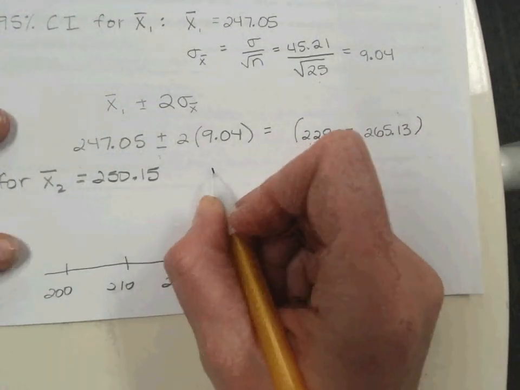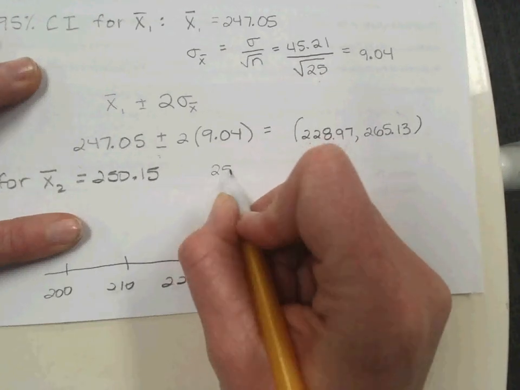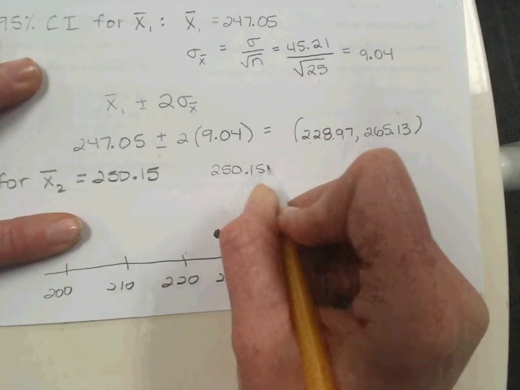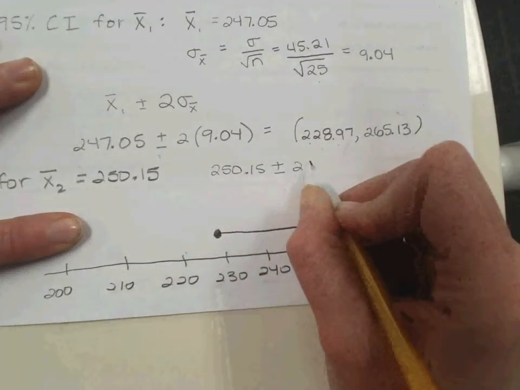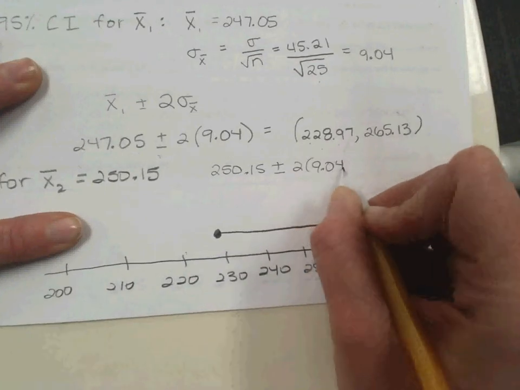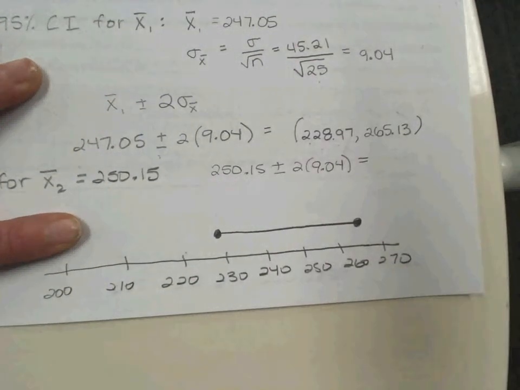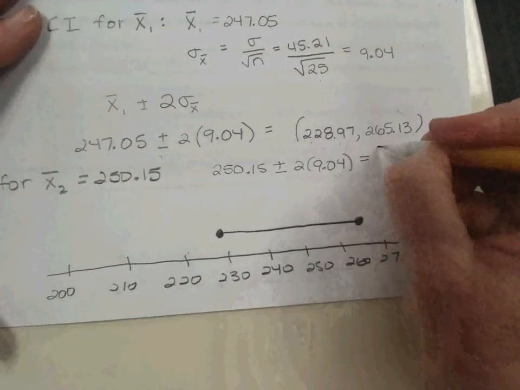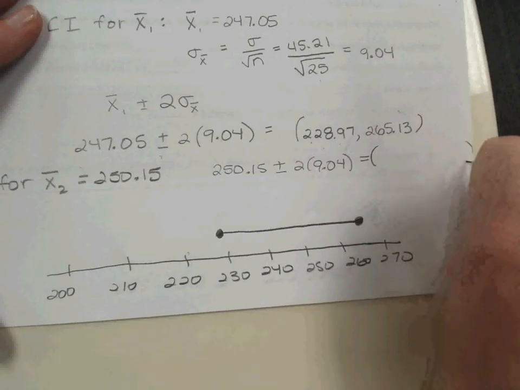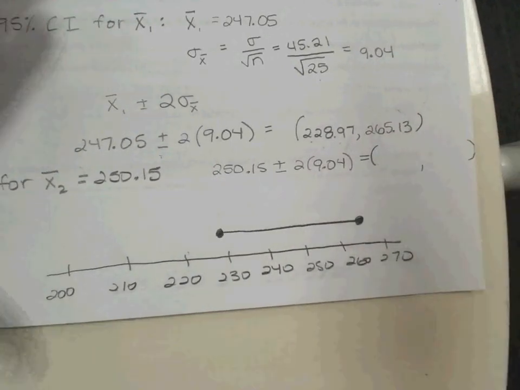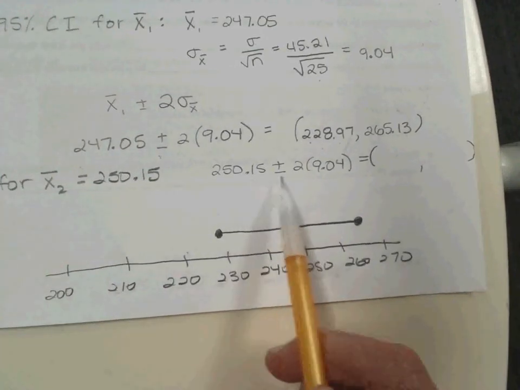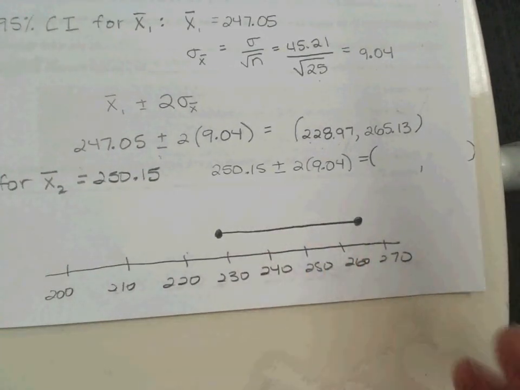So we're just going to do 250.15 plus or minus 2 times 9.04. Again, you want to do the minus first. So go ahead and calculate that: 250.15 minus 2 times 9.04.